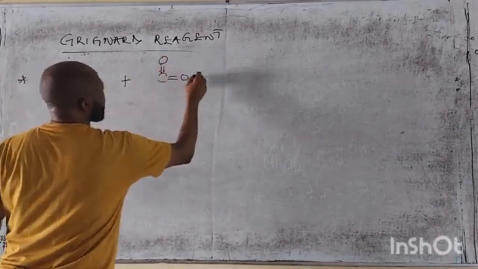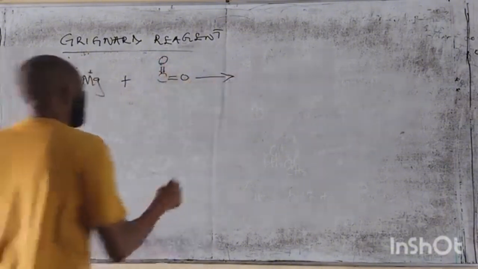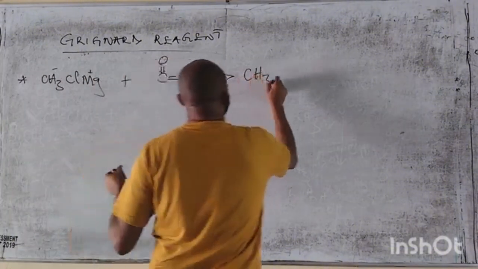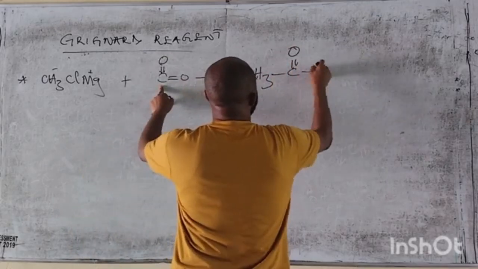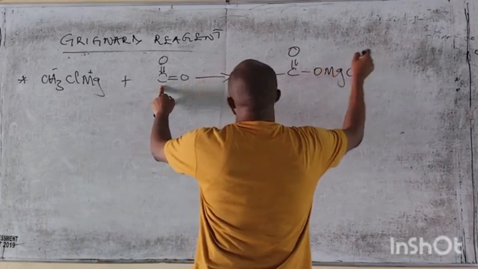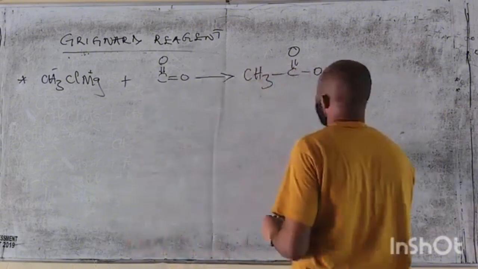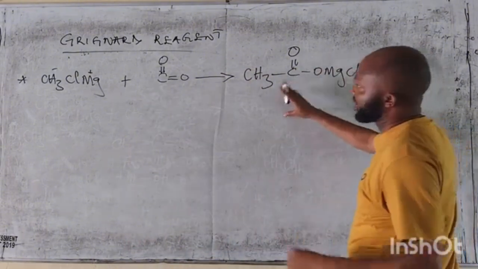So this will give me my CH3 from here. The carbon is here. Let me put my double bond here. OMgCl. That's what I get there. Carbon is balanced, everything is okay.